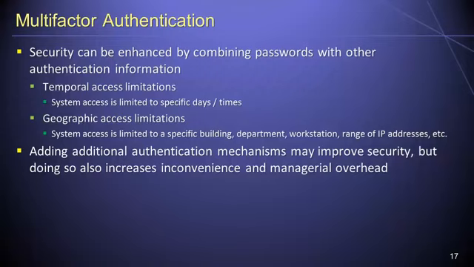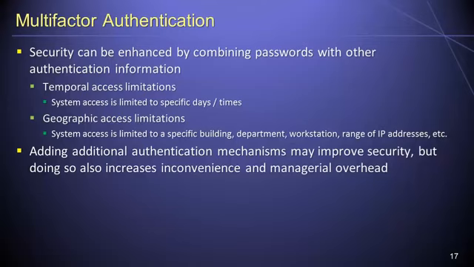Or we might pair a password with temporal access limitations, which restrict the times of the day in which the password will function. Further, we can impose geographic access limitations. That is, perhaps our passwords will only work on systems within a specific building, or on machines operating within a range of IP addresses, and so forth.